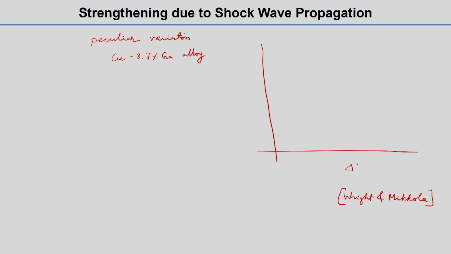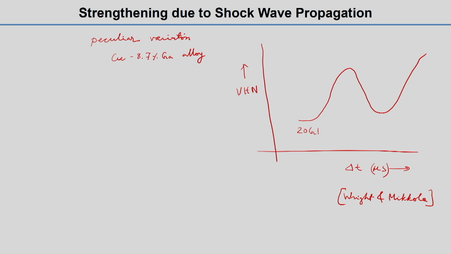If we have delta t in microseconds on the horizontal axis, and VHN, Vickers hardness number, the same as HV, on the vertical axis, that shows 20 gigapascal shock loading. This will vary like this.